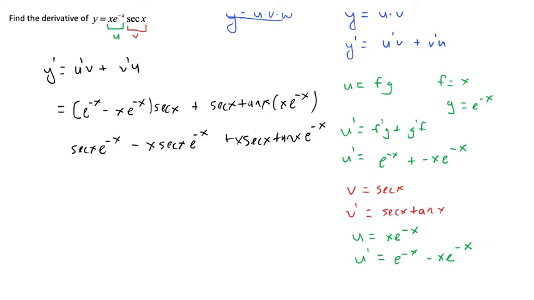Looks like a handful, but we notice that they each have a secant term and they each have an e to negative x term. So let's factor that out. We get e to negative x times secant of x, and what is left? When we factor that, we get a 1 minus x, plus x tangent of x. And this is going to be the first derivative.